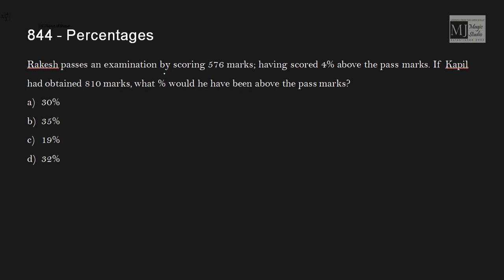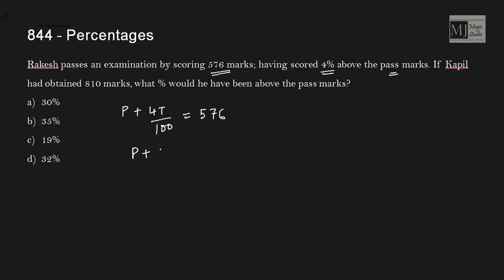Rakesh passes an examination by scoring 576 marks, having scored 4% above the pass mark. Okay, that means his marks is pass mark plus 4% of the total marks, 4T by 100, that is 576. If Kapil has obtained 810 marks, what percent would he have been above the pass mark?